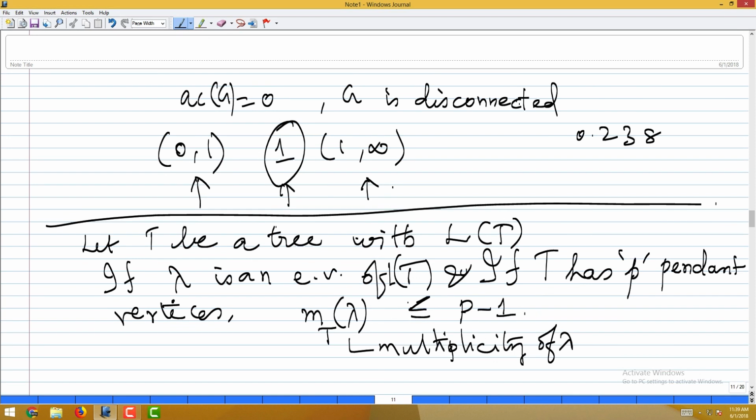So, the number of pendant vertices, and actually in the next result we will be talking about the number of pendant vertices and their adjacent vertices. We call them quasi pendant vertices, that is all those vertices which are adjacent to degree 1 vertices. So, these two have a big role to play.